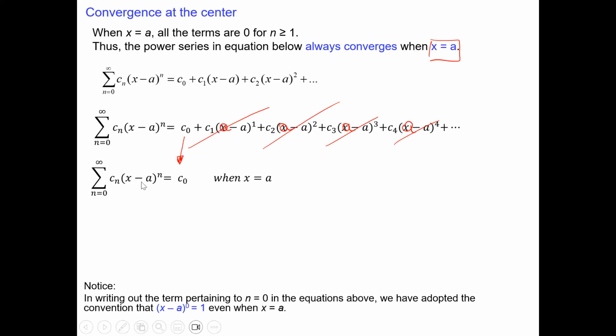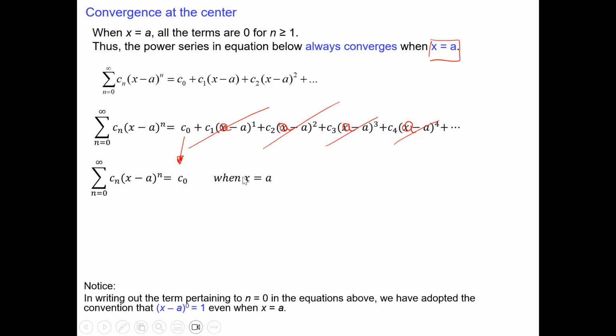That means when x is exactly the center a, we will always have this summation equal to a finite number, the first term, the constant c sub 0. So even if we're looking for some interval of convergence and we're not getting any x values, we have to always remember that this power series is divergent for all of the numbers except the center.